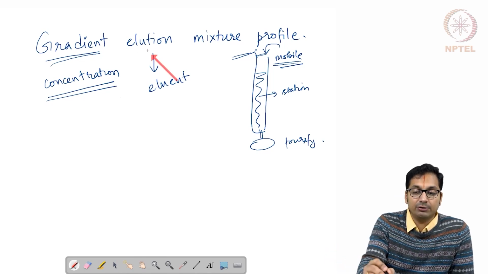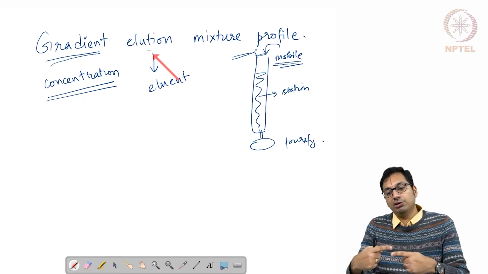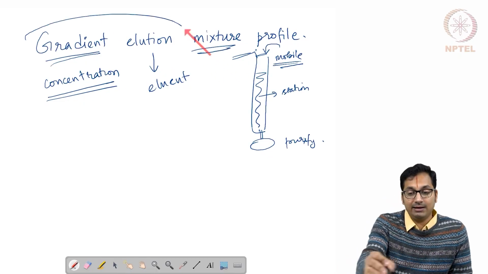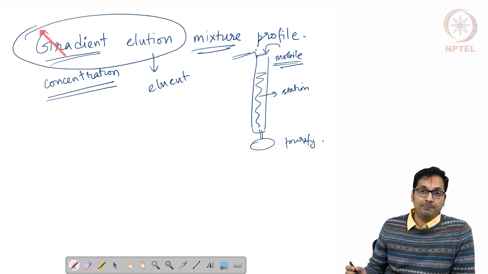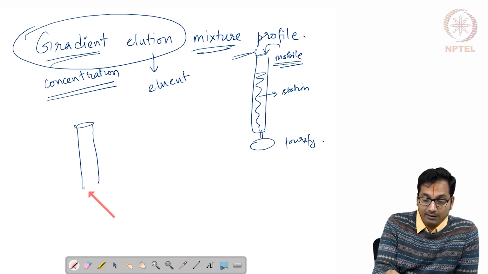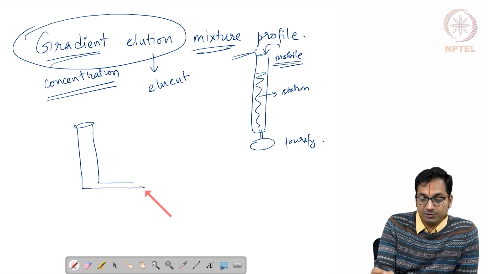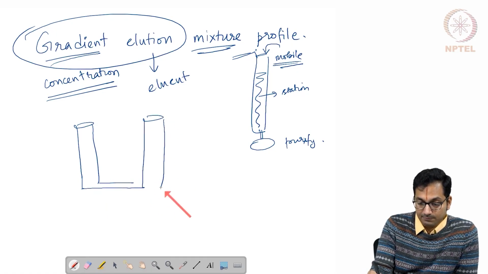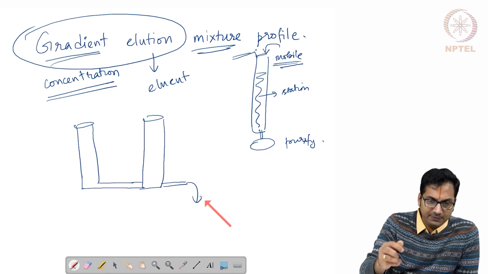So basically, in order to do this, you need to mix two different solutions such that the gradient elution can be done. This is commonly done in chemistry by having a setup that looks very close to this. This goes to the column.